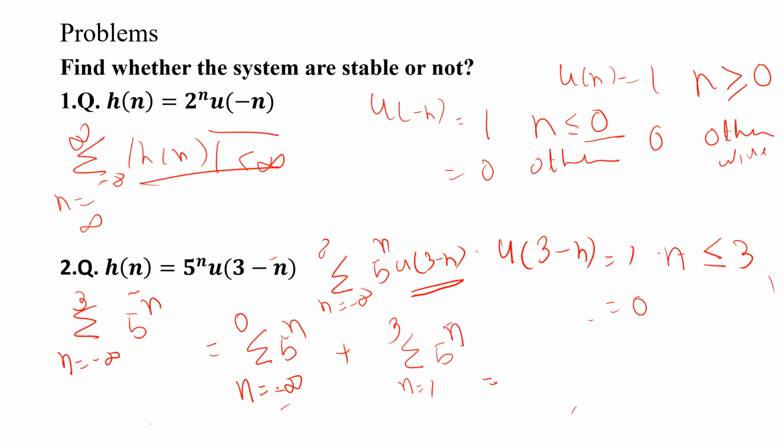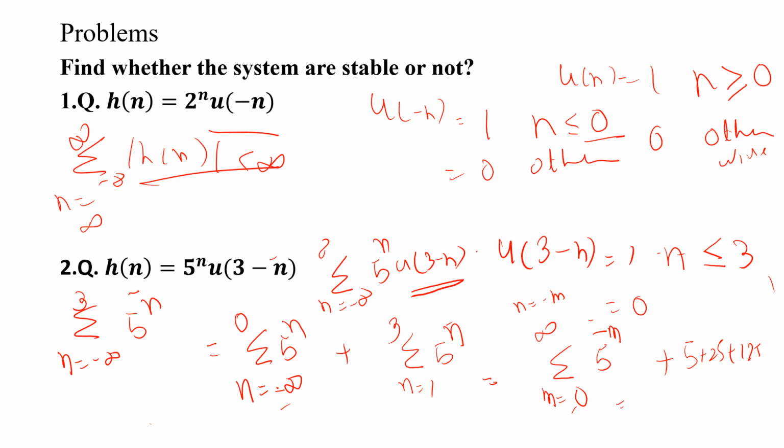For n equal to minus infinity to 0, same concept, I put m equal to minus n. So it will be m equal to 0 to infinity of 5 to the minus m, plus 5 to the 3 terms: 5 plus 25 plus 125.